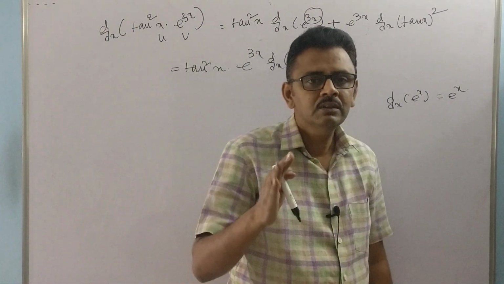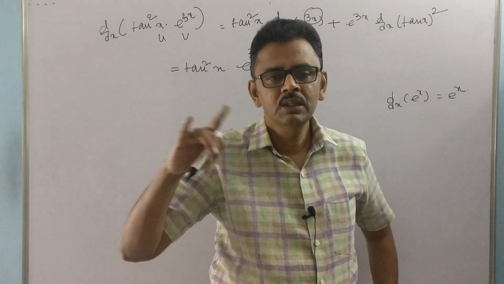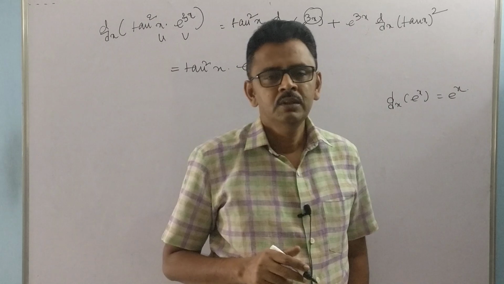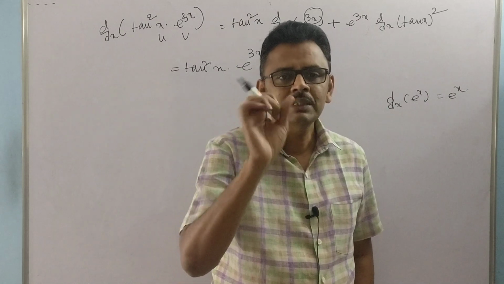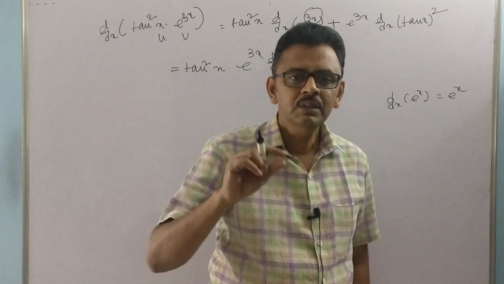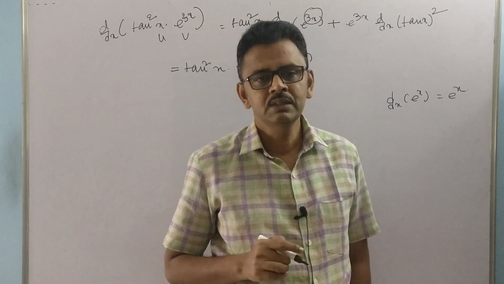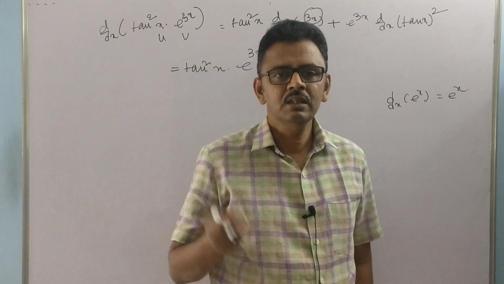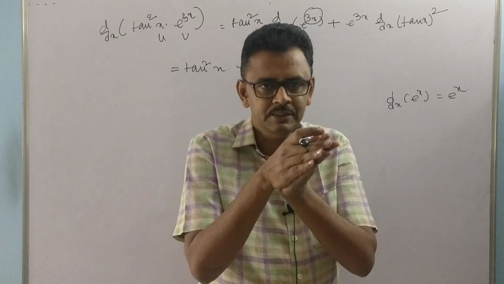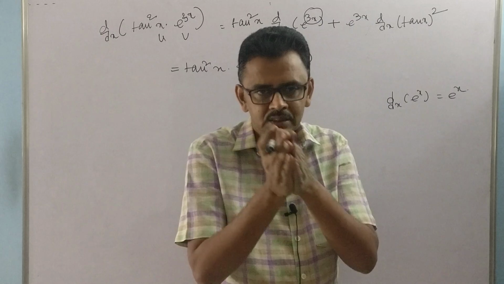where sin x, cos x, tan x, e power x, a power x, these are all the same. Suppose sin of ax plus b or cos of ax plus b or e power ax, e power f of x or sin f of x or cos f of x. In this case, f of x is treated as x. Derivative of sin x is cos x.